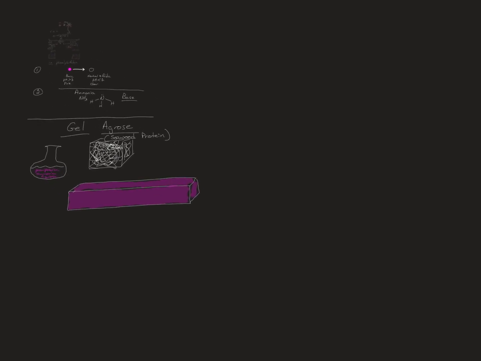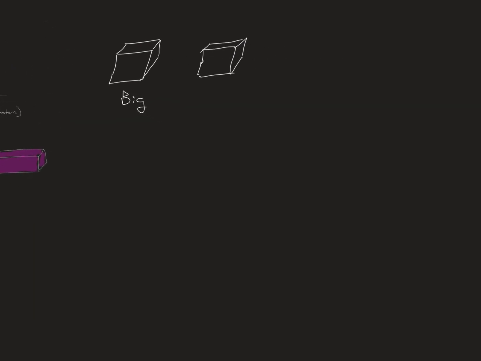Now I'm gonna cut out cubes, and there's gonna be 3 cubes. It's going to be a big cube. There's going to be a medium-sized cube. And then there's going to be a small cube.